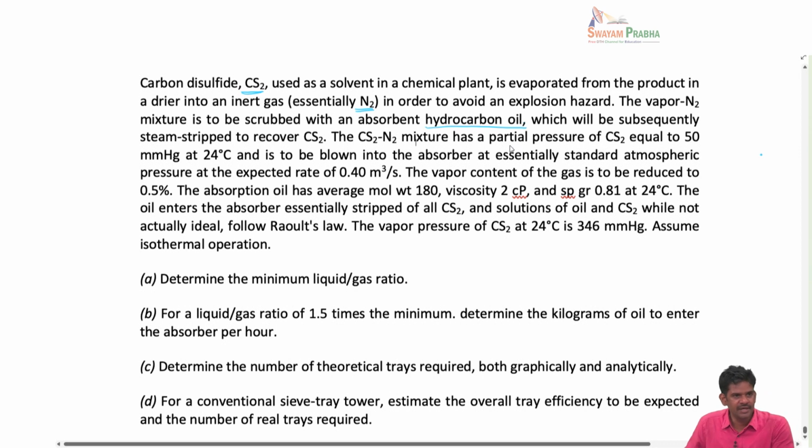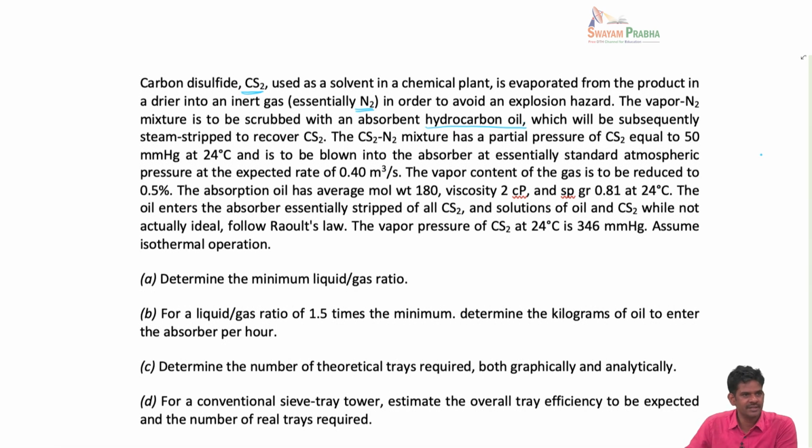We don't know the chemical nature of this oil, we'll just call it a hydrocarbon oil, which will be subsequently steam stripped to recover CS2. So that means this process talks about an integration of absorber and stripper. The CS2-N2 mixture has a partial pressure of CS2 equal to 50 mmHg at 24 degrees Celsius.